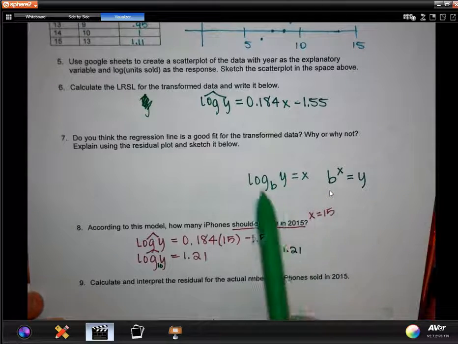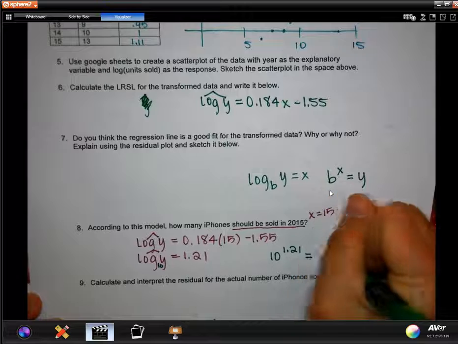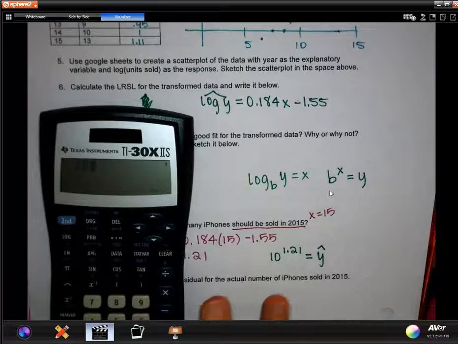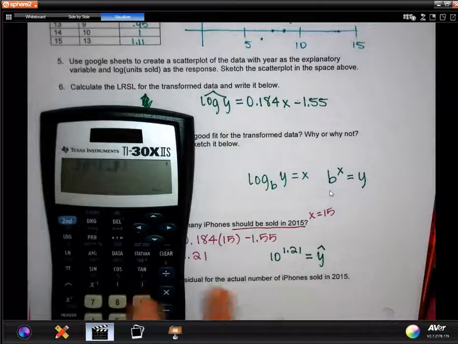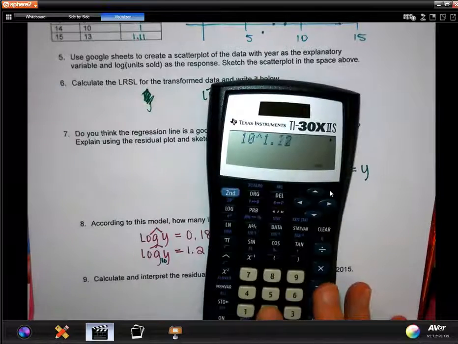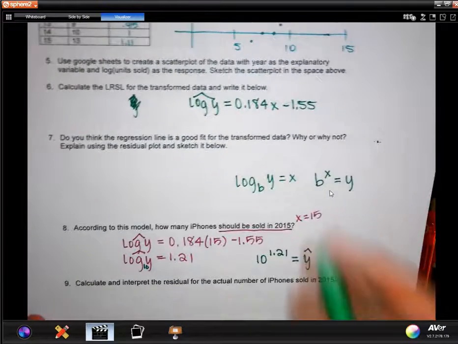And then y no longer has the log on it, so that is now just y. That's 16.22 when we round.